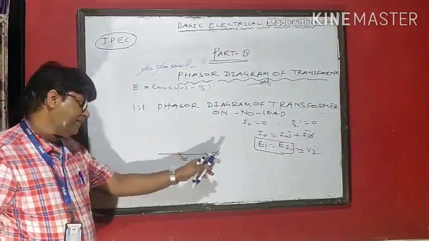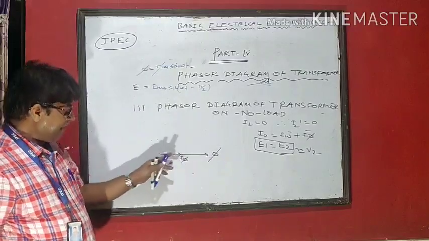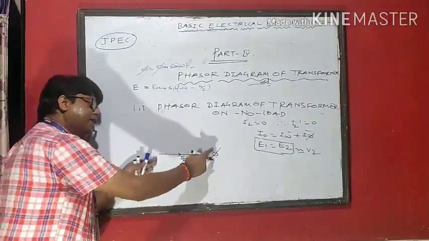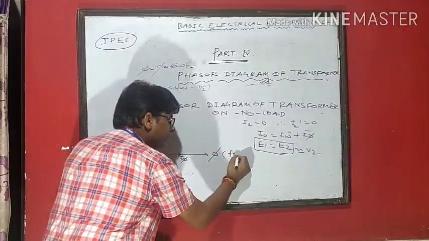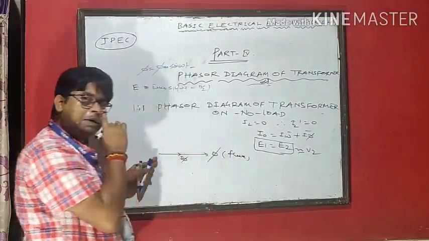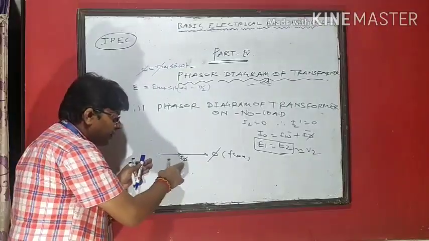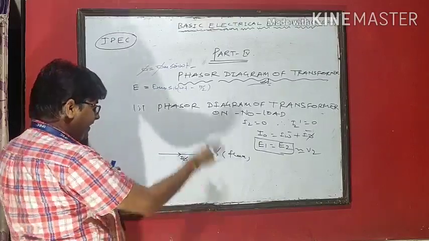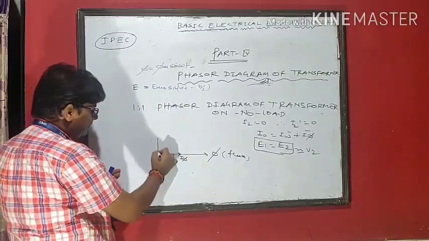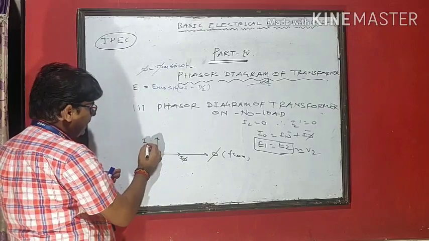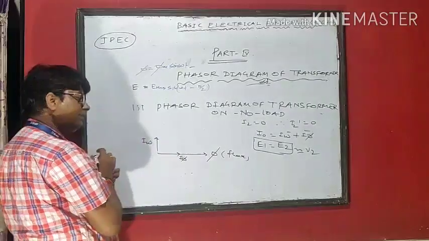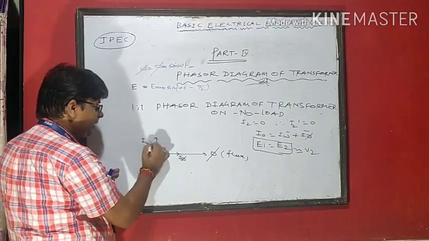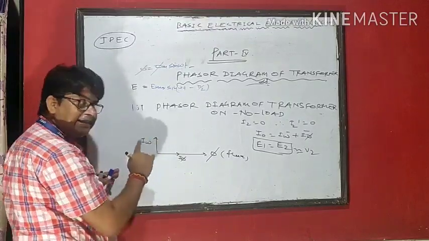Second, I phi is in the same phase as phi, because of the magnetic effect, and 90 degrees from this is I W, because this is magnetic and this is electric. Between the electric and the magnetic, there is 90 degrees.